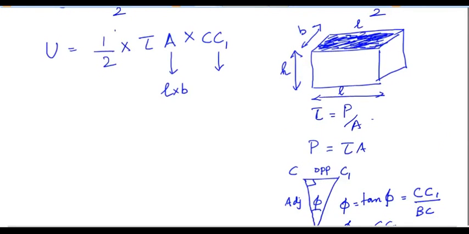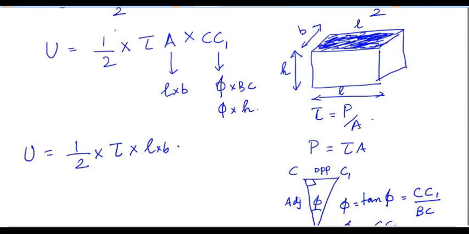So what is BC? BC is the height, so instead of BC, I am substituting the height h. So now strain energy is equal to half into shear stress into length into breadth into phi into h.